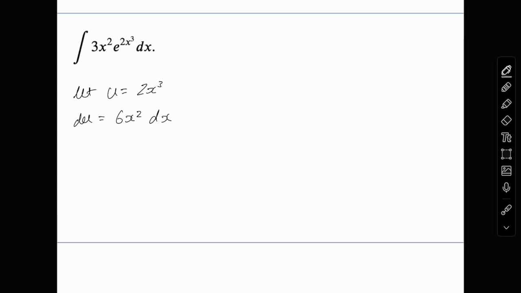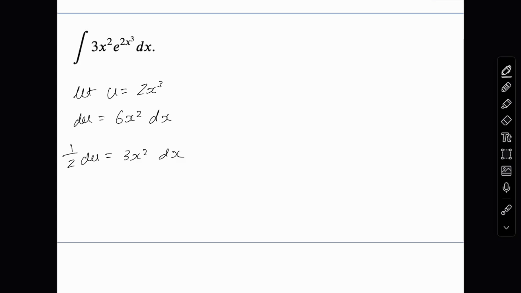Now, in this scenario, we want to get e to the u by itself, and we've got 3x squared dx here. So how do I get to 3x squared dx? Well, I'll divide by 2. So a half du is equal to 3x squared dx.